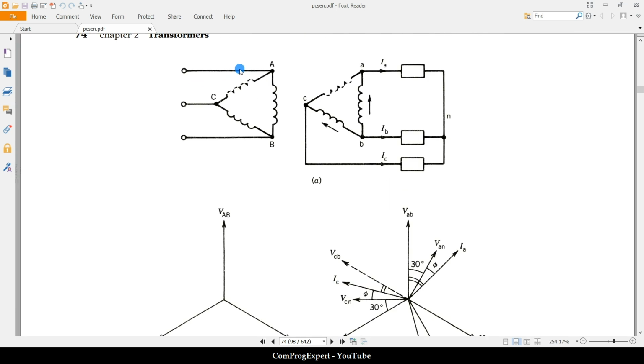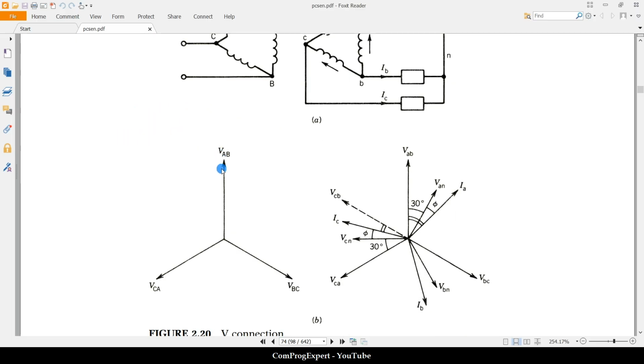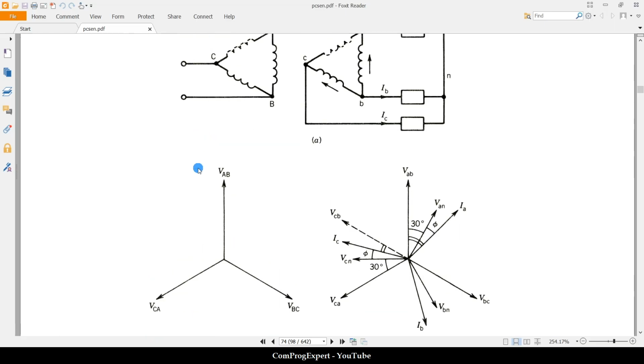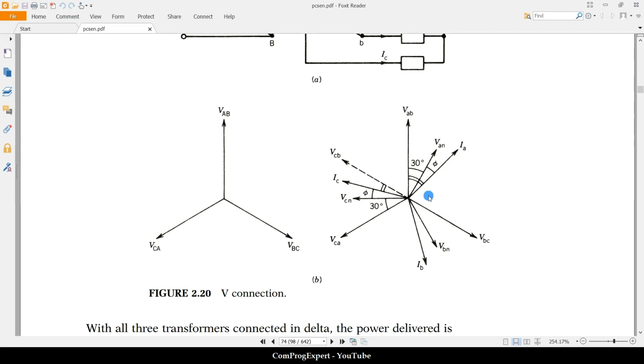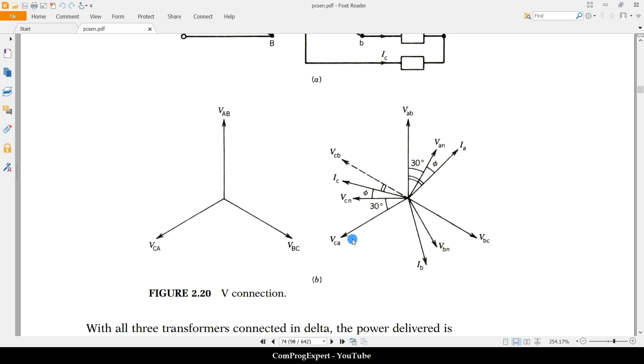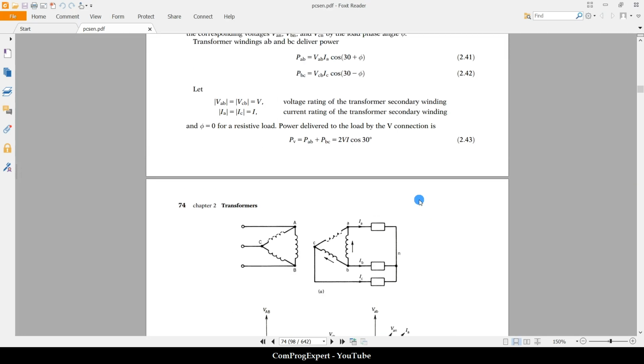The lines are connected to a three-phase source. We have this phasor diagram for the primary side, line-to-line voltage. Here in this case, you can see the value of VAB for the secondary is this one, and this is the value of VCA, the value of VBC, these phasors.